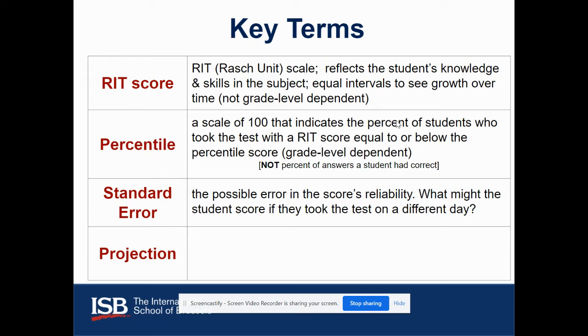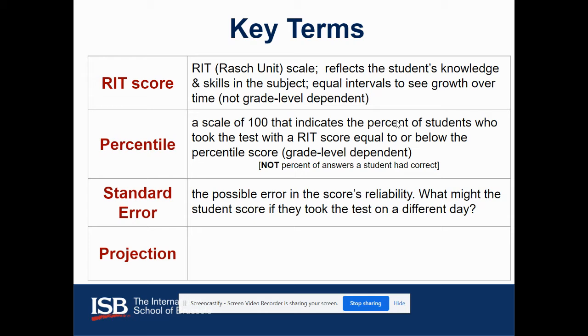So, for example, if a student had a RIT score of 220 points and the standard error was plus or minus 3, it means there's a possibility that if they were to retake the assessment again on a different day or at a different time, they may have scored anywhere between 217 and 223.